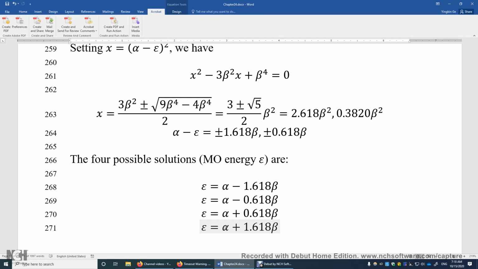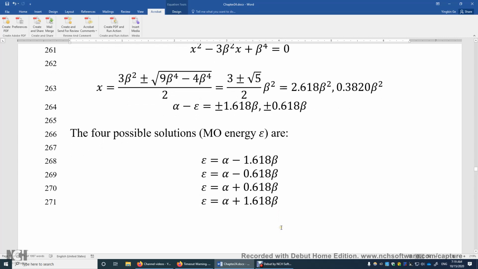All right, so alpha is roughly negative 10 electron volts, if I remember the number correctly. Beta is usually between 5% to 10% of alpha, so I think beta is just roughly 1 electron volt from my vague memory here.